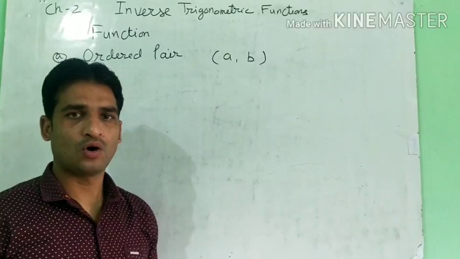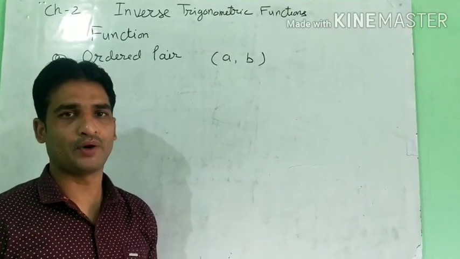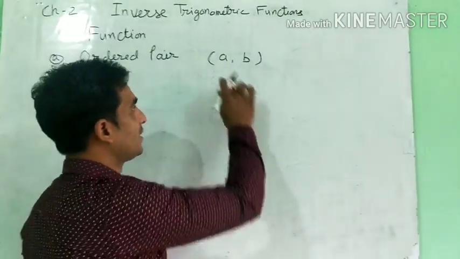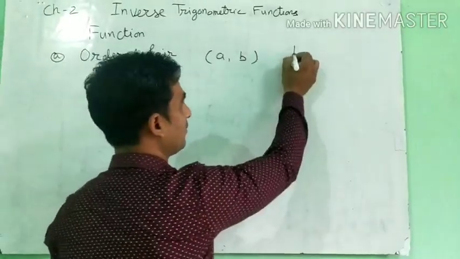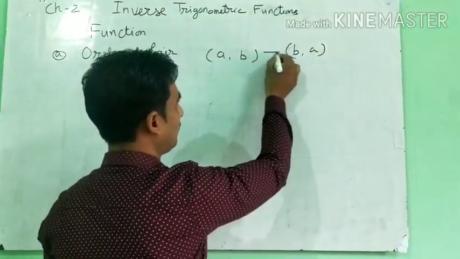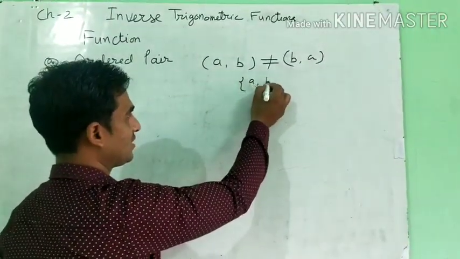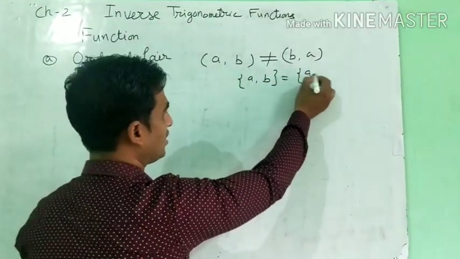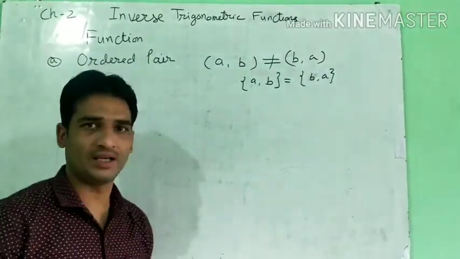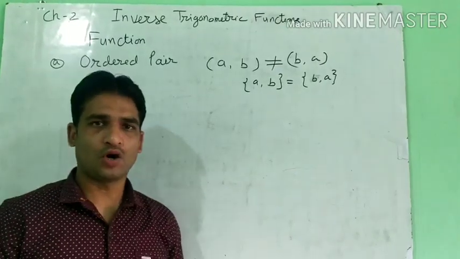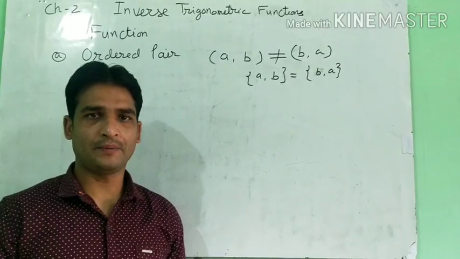In set, order is not important, while in ordered pair, order is important. It means it is (a, b) and you cannot write it as (b, a). While in set, if a set is {a, b}, then this is equal to {b, a}. So each ordered pair consists of exactly two elements in a fixed order.